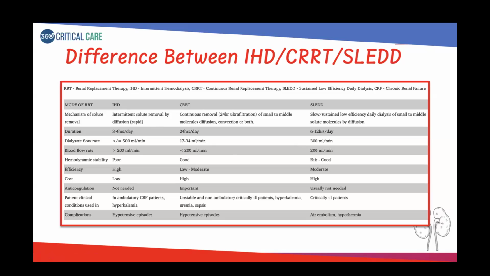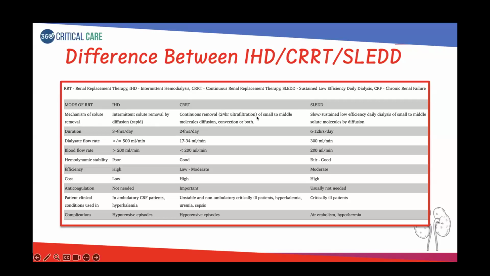So modalities of renal replacement are intermittent hemodialysis, continuous renal replacement therapy, and slow low efficiency daily dialysis or SLED that you do. So these are the three different mechanisms. The middle one is continuous, this is intermittent, this is a hybrid technique. The mechanism of solute removal, as I said, in the intermittent hemodialysis, predominantly diffusion, very rapid.